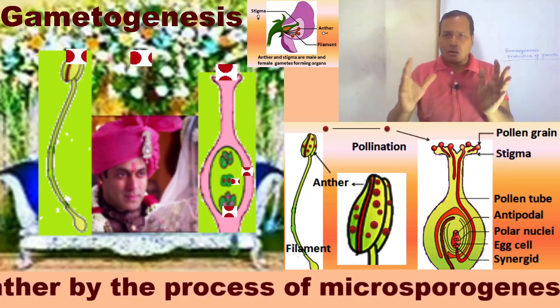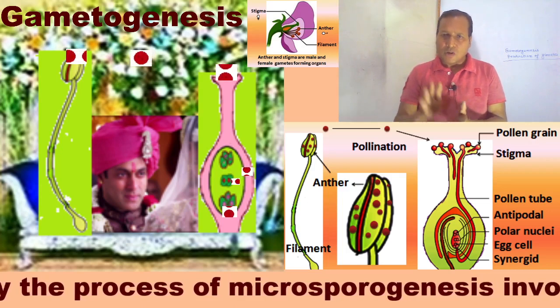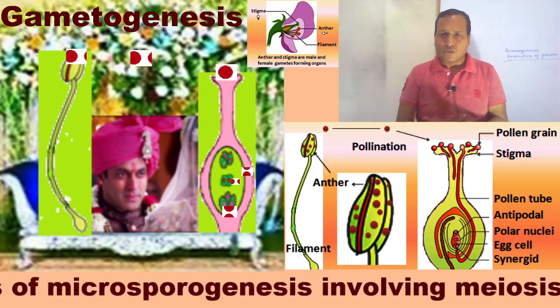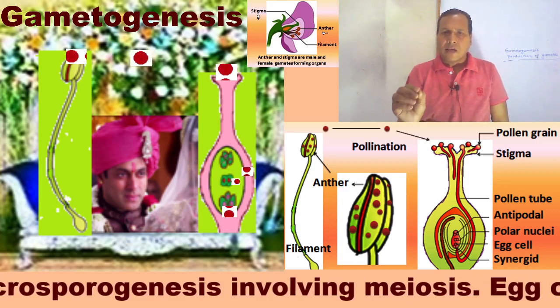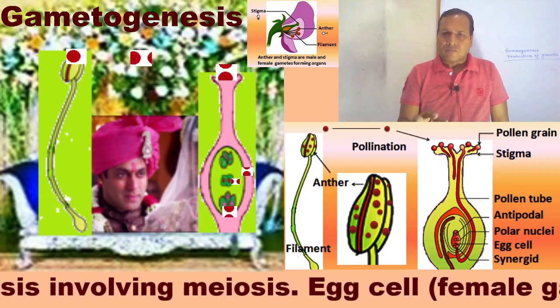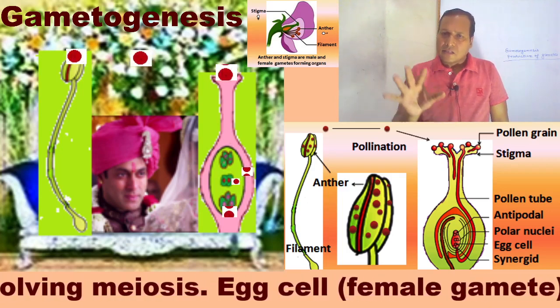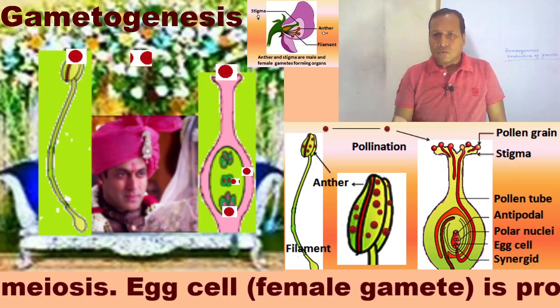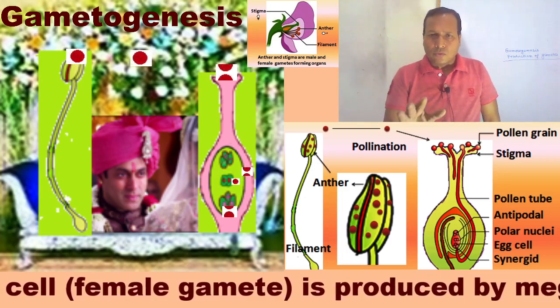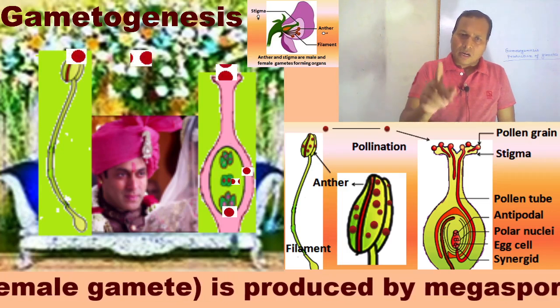As a result of microsporogenesis, pollen grain is produced, and as a result of megasporogenesis, egg cells as well as embryo sac are produced.